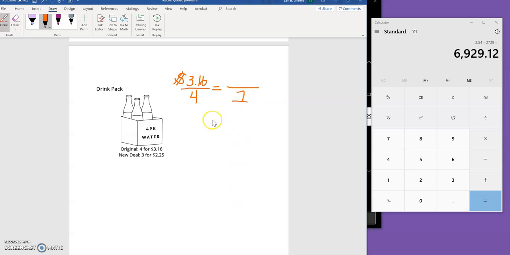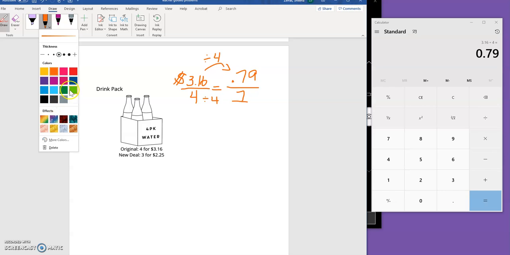Typically when we're finding a unit rate, we're using division, because any number divided by itself will give us that magic number 1. And so I repeat that process up top, dividing the dollar amount by 4. I find the price here is 79 cents for 1 bottle.